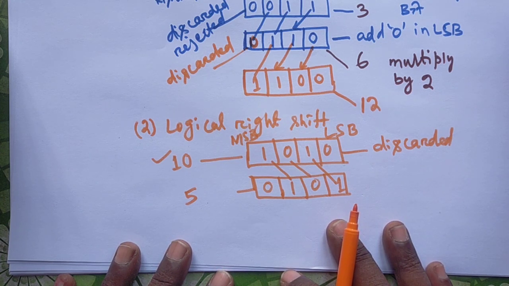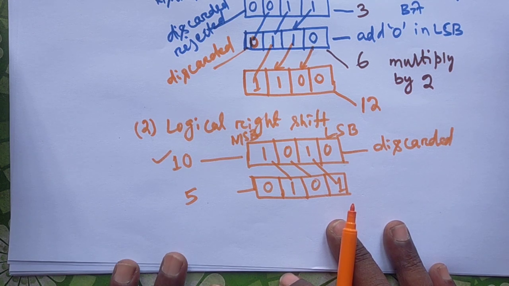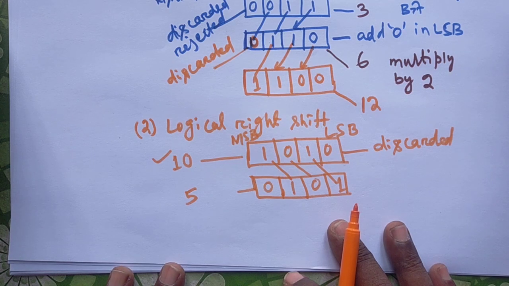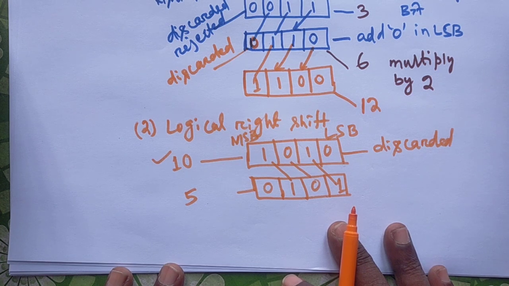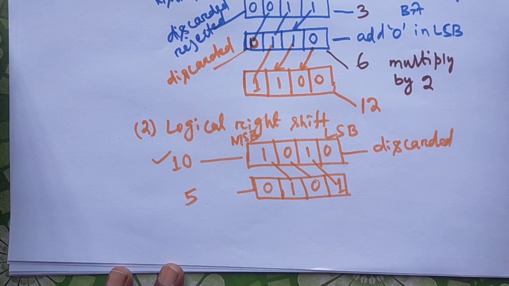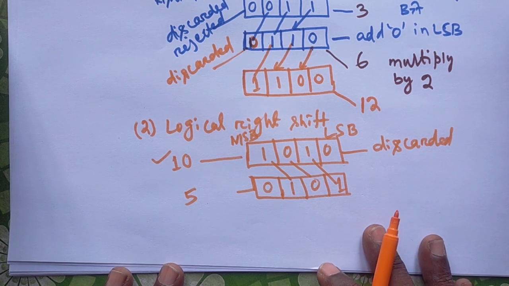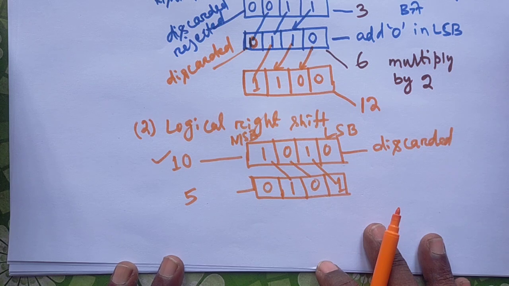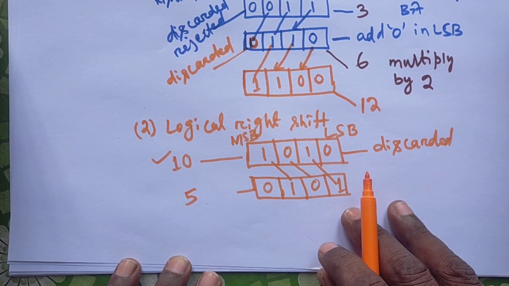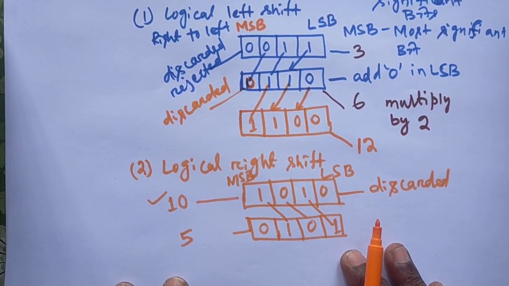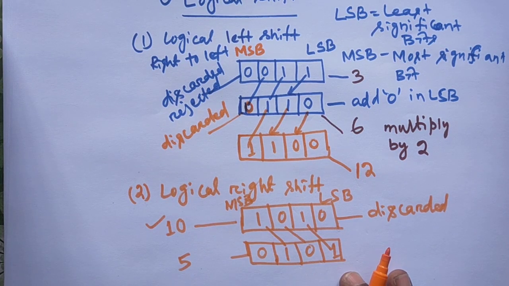You can also take different bits of data, then apply either the logical right shift or logical left shift. Based on that, data will be multiplied by 2 or divided by 2, and we get that kind of output. So this is the logical shift micro operation.